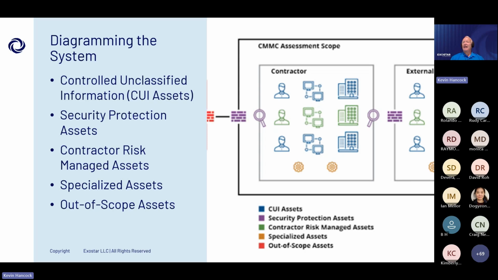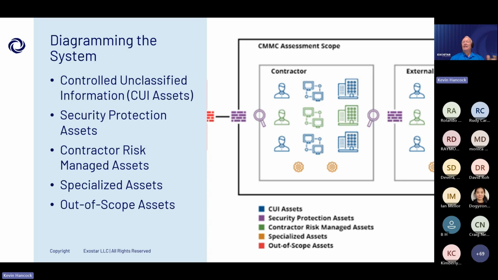Now, that assessment guide, NIST 800-171A, is the assessment guide for NIST 800-171. That outlines the different kinds of things that make up your overall system, both the people, the processes, the different kinds of technology. Is this a thing where we actually store controlled unclassified information?